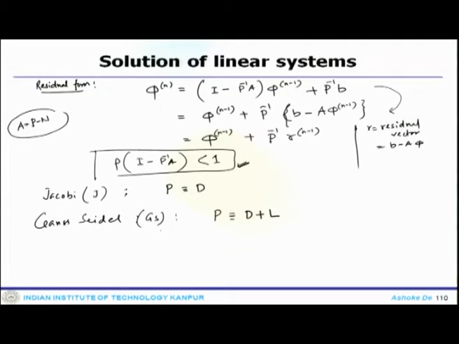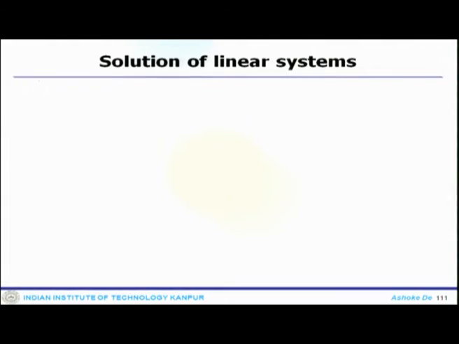Now, the other thing one needs to know is the matrix decomposition technique. So, why do we need to decompose the matrices? The reason is that one can accelerate the convergence rate of the iterative process.